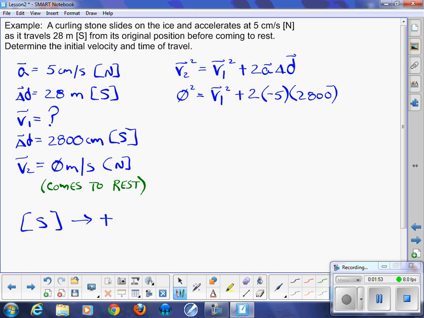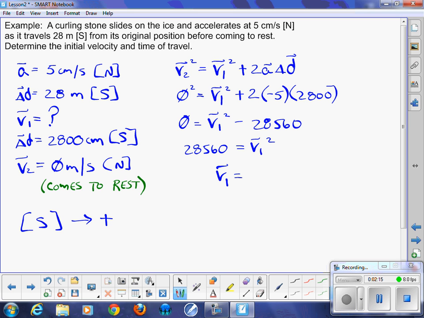So now we end up solving this. So we end up with 28,000. I guess I'll show a couple extra steps here. Don't want to lose everyone on the first day. So 28,560. Moving that to the other side, or adding 28,560 to both sides, allows me to isolate V1.